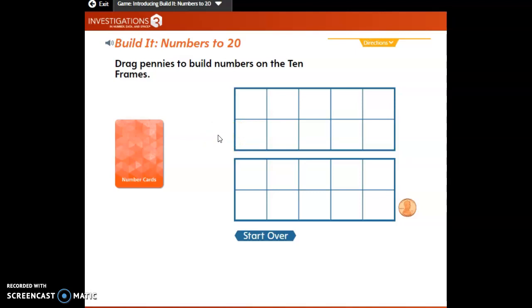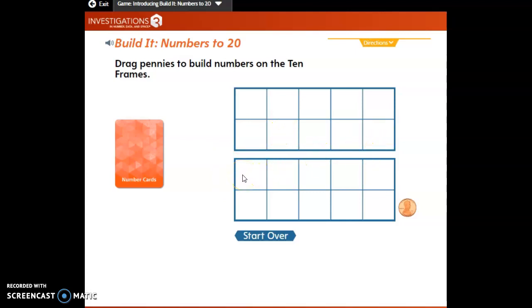Okay, so we have two 10 frames here. So if I have 10 in this frame and 10 in this 10 frame, how many do I have all together? Wow, 10 and 10 more. Well, I stopped counting at 10 when I got here, so I could keep counting to see how many I have.